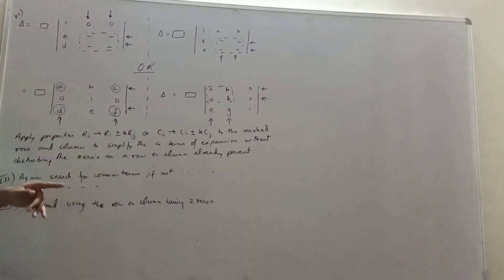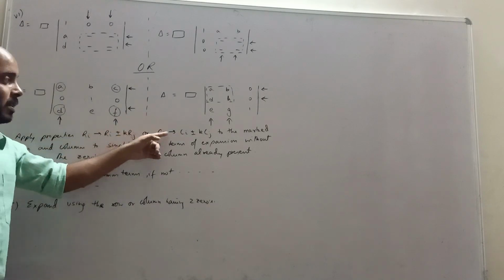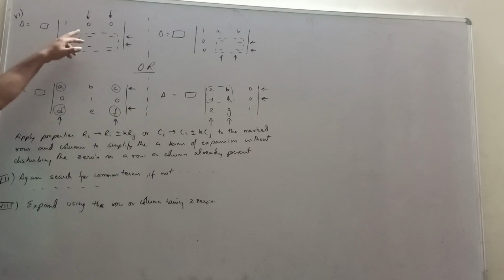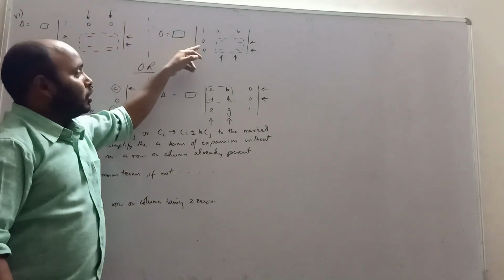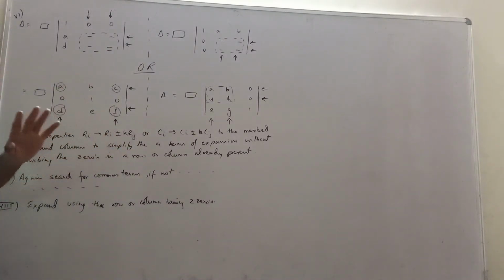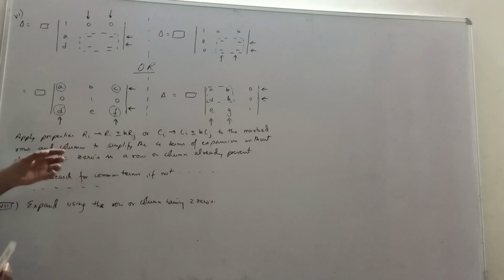But mind it, we have to use these properties keeping in mind that the zeros which we already have, after so many steps, those zeros should not be disturbed. So how to find out which rows or columns to work with, so that the zeros will not be disturbed?